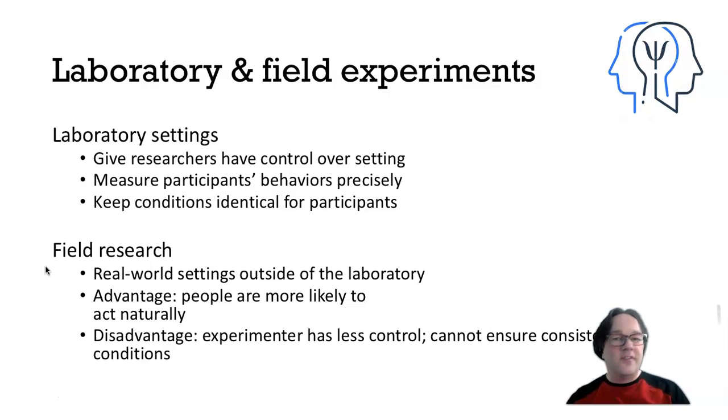Extraneous variables are anything that can influence the results of our experiment. Laboratories are wonderful settings in which to control all of those extraneous variables to make sure they're not influencing our results by holding them constant across every condition.